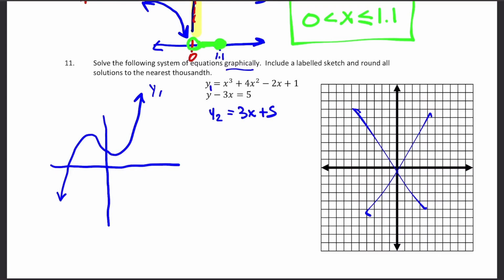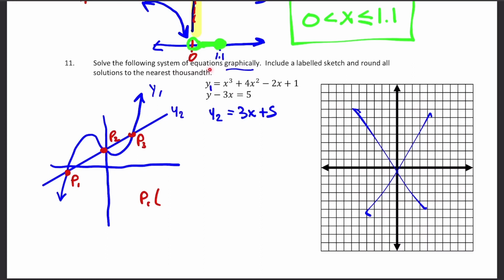And the line kind of comes through like this. So there's your y2. So what I need to do is find these points: 1, 2, 3. And I don't have room to write them there, so I'm going to label them P1, P2, and P3 and use second calc intersect.